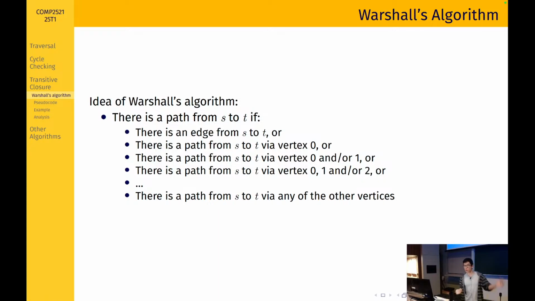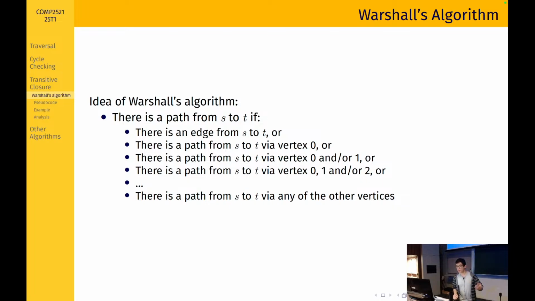So the idea of Warshall's algorithm is that there's a path from S to T if one of these things is true. If there is an edge from S to T, that means there's a path. Or if there is a path from S to T via vertex 0, so a path S-0-T, then that means there's a path from S to T. If there's a path from S to T via vertex 0 and/or 1, that means there's a path from S to T. That might be a path that looks like S-0-1-T or S-1-0-T or S-1-T.